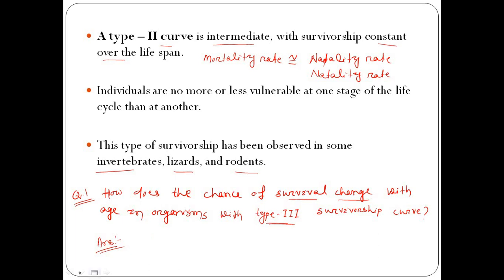First, how is the curve? The curve is concave, and the mortality rate is more. The chance of survival is initially low but increases after an individual reaches a certain age.